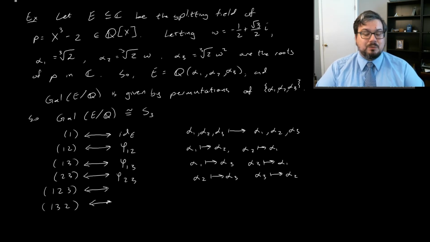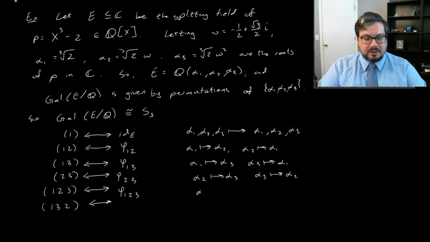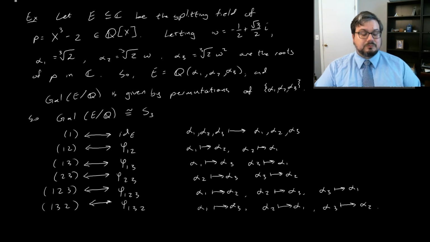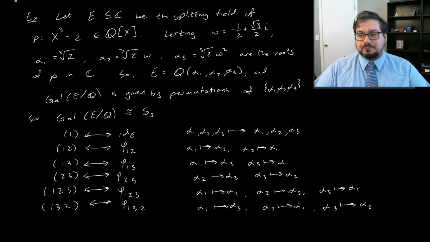And then we have two more which sort of cycle the roots of P. So we have phi 1, 2, 3, which sends alpha 1 to alpha 2, alpha 2 to alpha 3, and alpha 3 to alpha 1, and phi 1, 3, 2, which cycles them in the opposite direction. Alpha 1 goes to alpha 3, alpha 2 goes to alpha 1, and alpha 3 goes to alpha 2. These are the only automorphisms of E which fix the elements of Q.